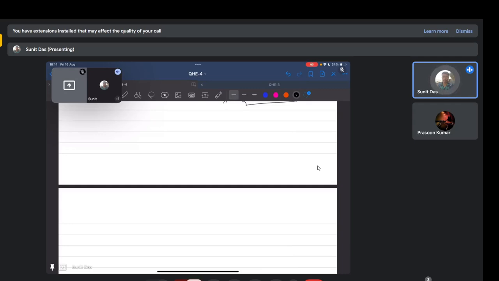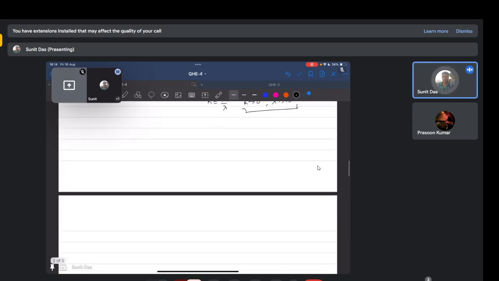let's talk about a simple 2D square lattice, or even a 1D square lattice will suffice. But in the 2D square lattice, the dispersion is really kind of like this. I'm not talking about the absolute energy scale.